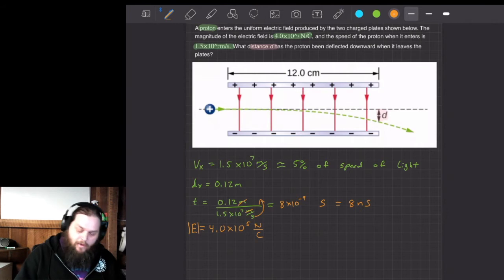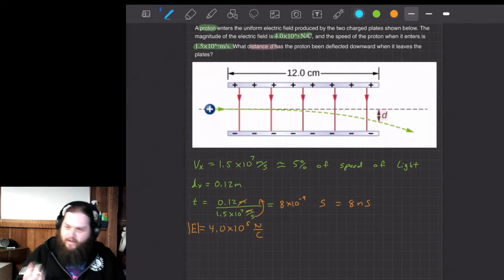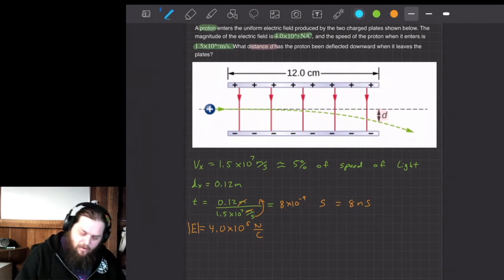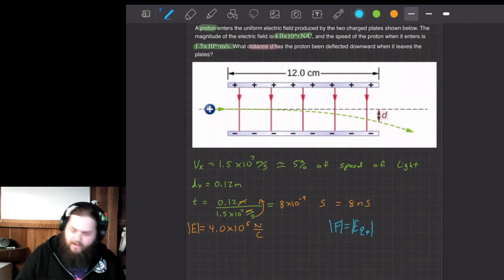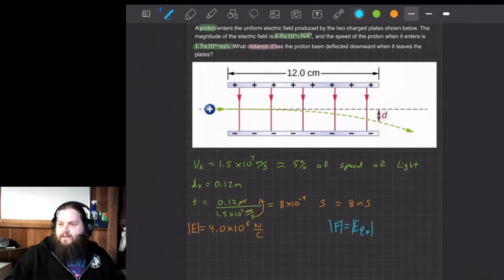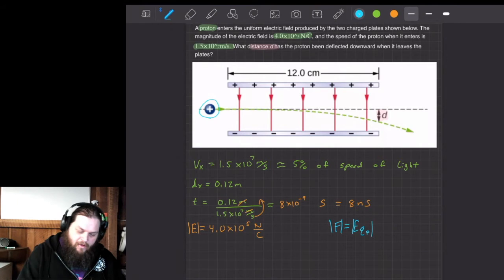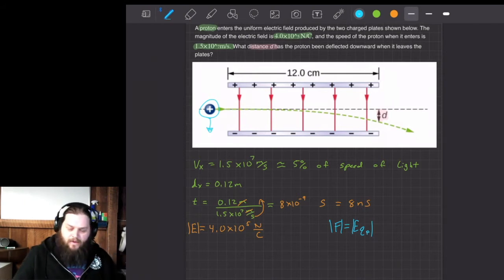If you remember, there's a relationship between the electric field and the force, which is simply that the force is equal to EQ, and in this case Q is the charge of that proton. I'm going to go with magnitude, so I don't have to worry about direction just yet. Since it's a positively charged particle, it's going to be attracted to the negative side, so it's going to be attracted downwards as it travels through that electric field.